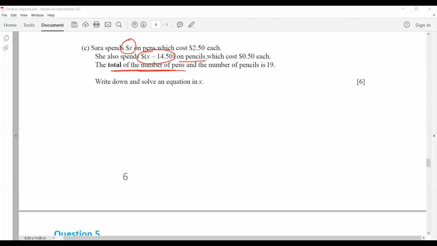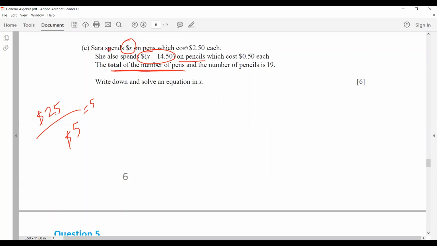Let's say you spend $25 and each pen is $5. And my question is, how many pens did you buy? So you simply divide 25 by 5. The answer is you bought 5 pens, right? Each pen was $5 and you spent this amount. So it's the same thing.